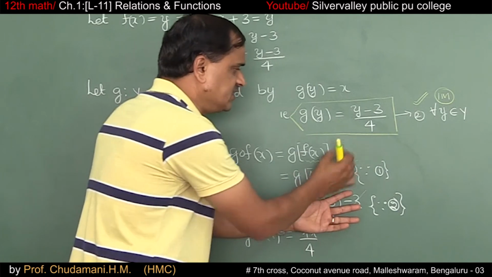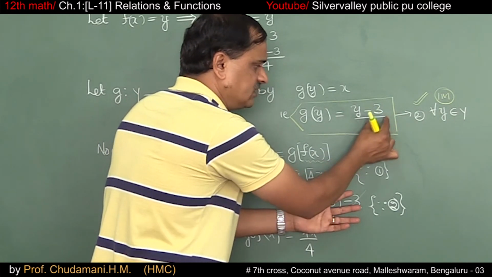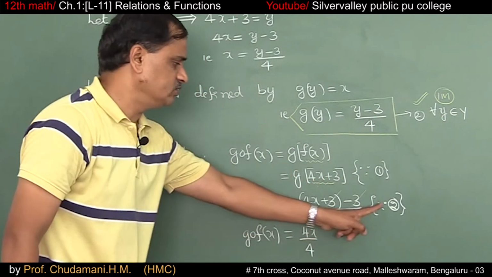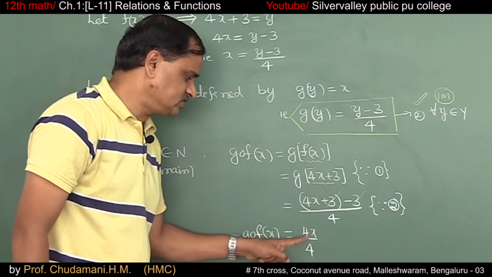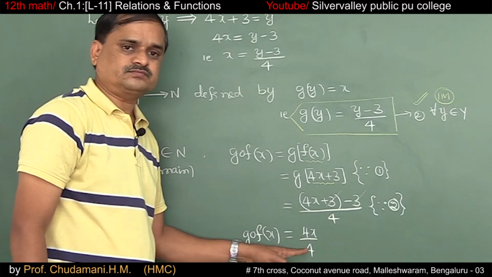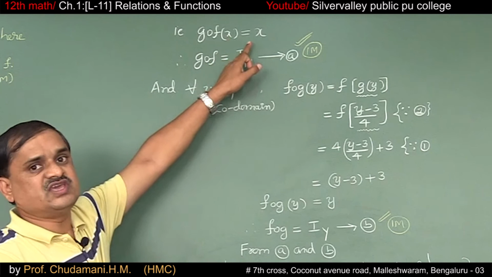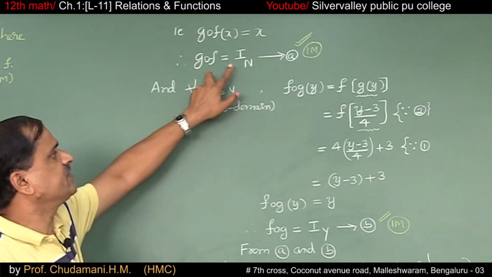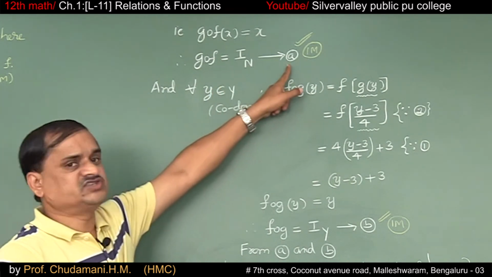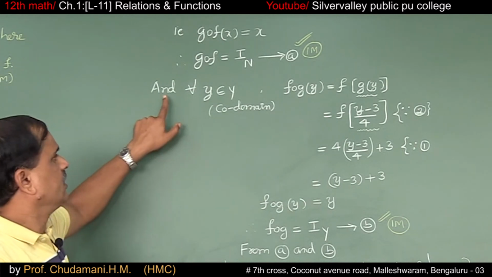G of this means 4x plus 3 minus 3 divided by 4. Plus 3 minus 3 gets cancelled using equation 2. So 4x by 4 means 4 gets cancelled. That means GoF of x is equal to x, an identity function on the set domain, natural numbers. Say this is equation A. This carries the second mark.